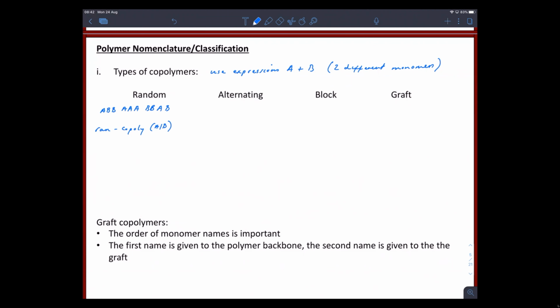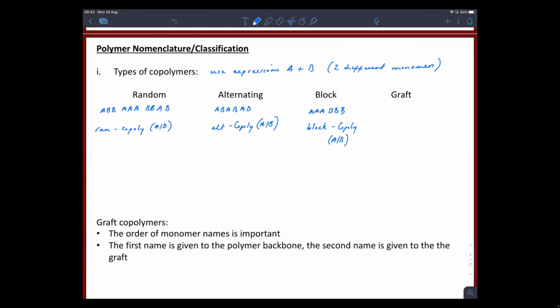Alternating, you can probably guess, is just A, B, A, B, and that can be alt copoly AB. And then we can have block, A, A, A, B, B, B. And then we would call that block copoly AB.